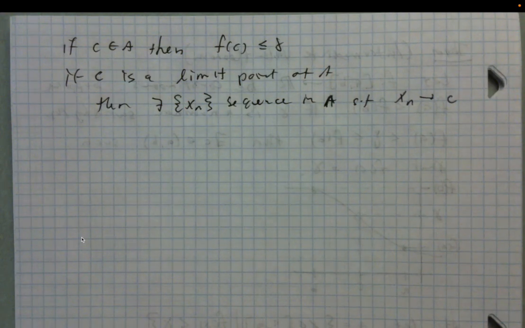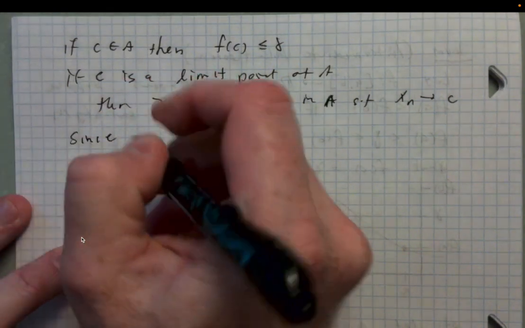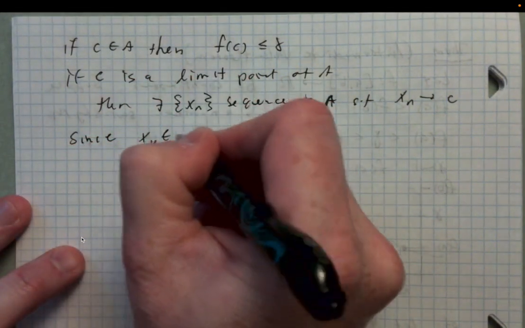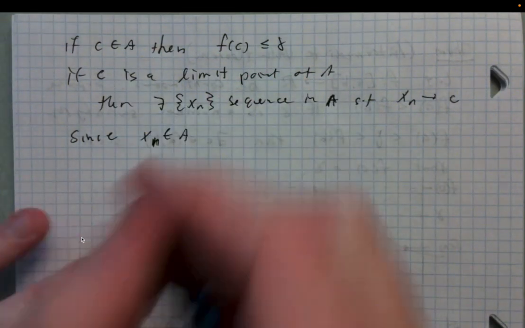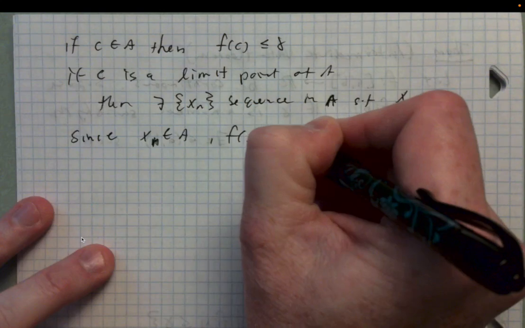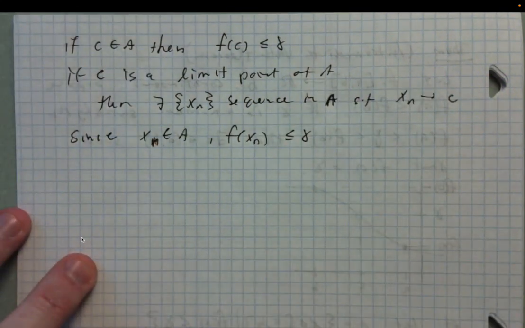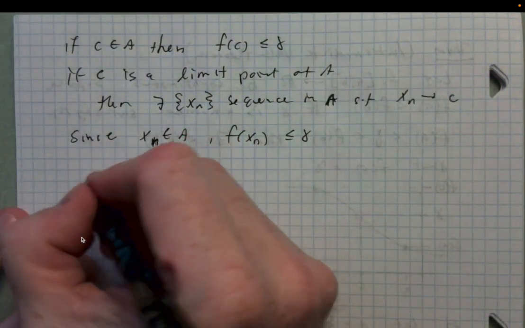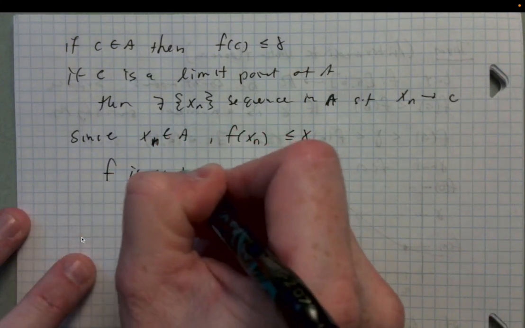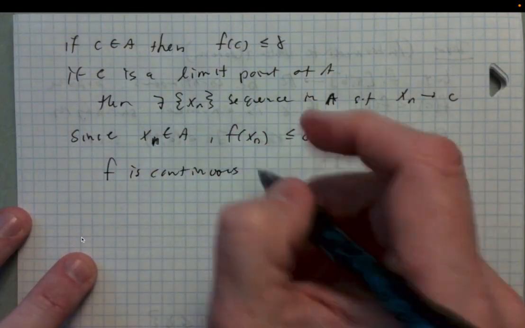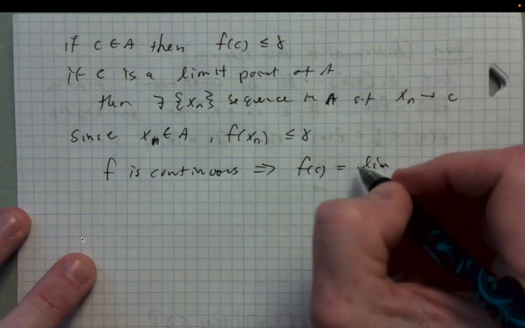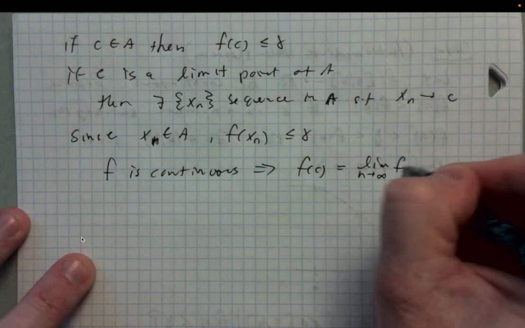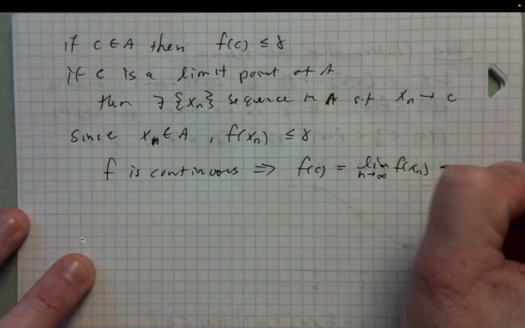Since x of n is in A, we know that f of x of n must be less than or equal to delta. Now, f is continuous, and therefore f of C must be equal to the limit as n approaches infinity of f of x of n, and that's got to be less than or equal to delta.